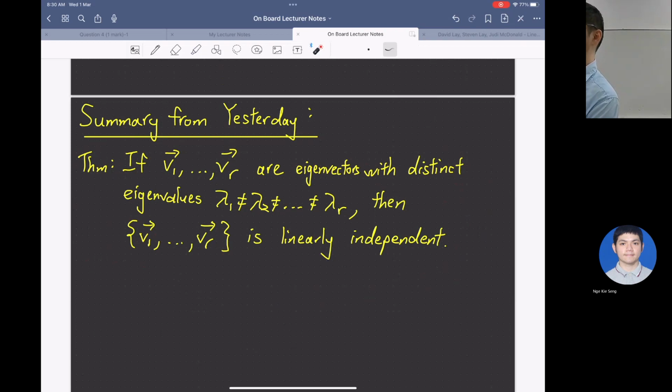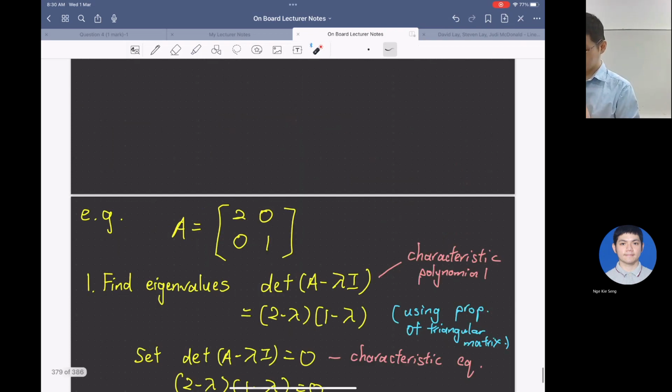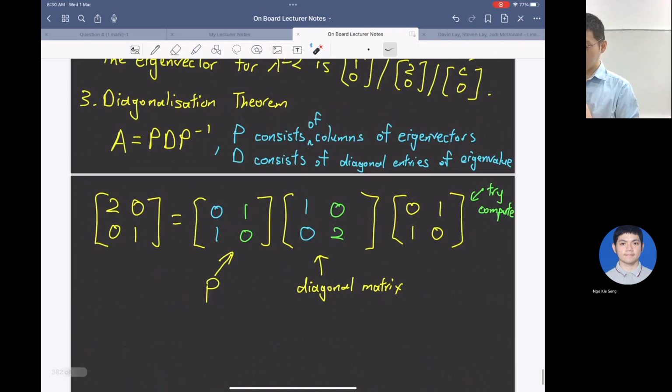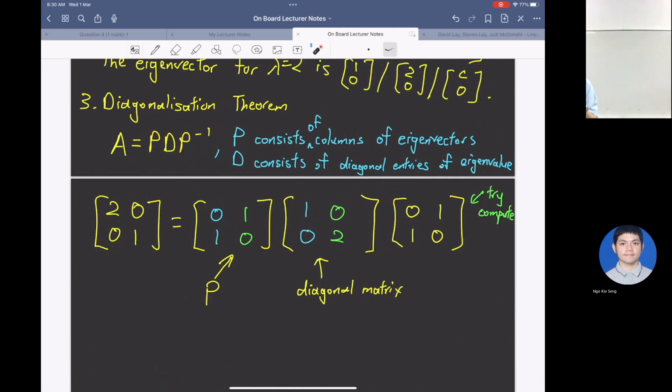So if you have different eigenvalues, the eigenvectors are all linearly independent straight away. No need to check, because the proof already covers the general case. So that's why our P is invertible.